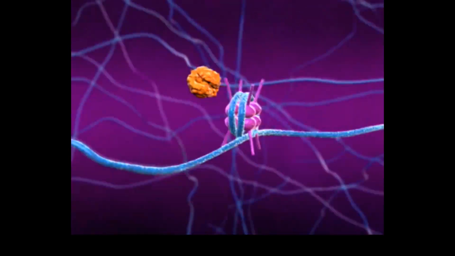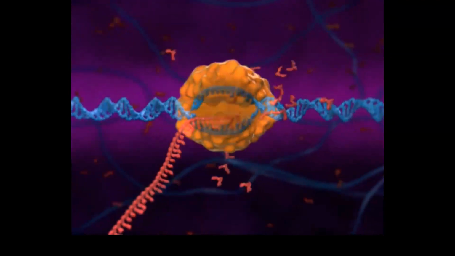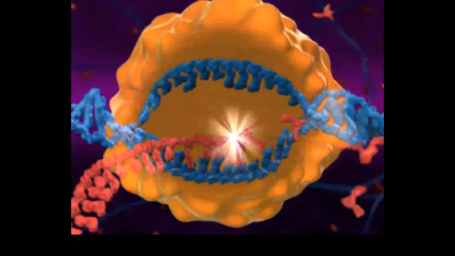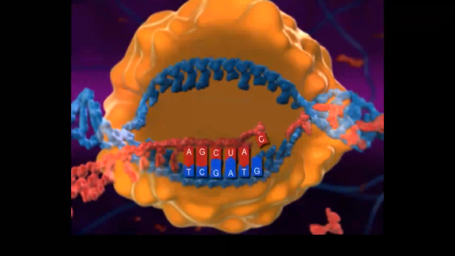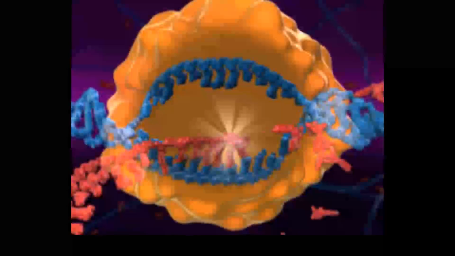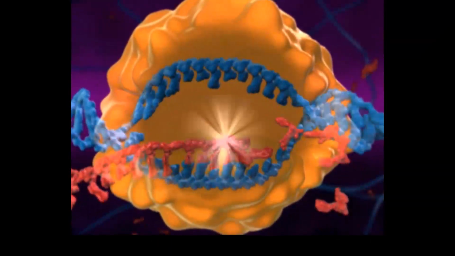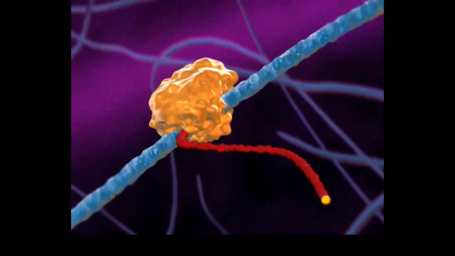In transcription, an enzyme zips along the DNA, forming RNA, shown here in red. RNA nucleotides line up with their complementary DNA partners, transcribing the information in DNA into RNA. As the RNA grows, it is processed in several ways. First, a modified guanine nucleotide is added to the beginning as a cap.